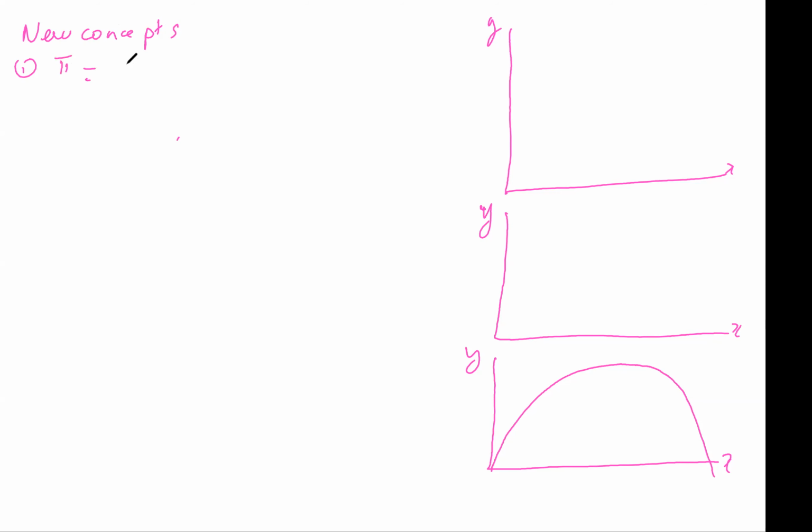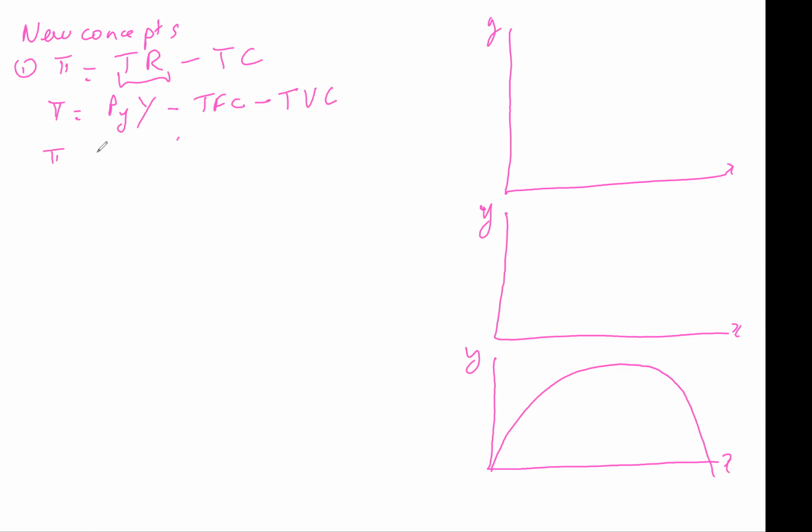Profit equals total revenue minus total cost. Visually, you split it up. Total revenue is price of output times output, minus total fixed cost minus total variable cost, right?